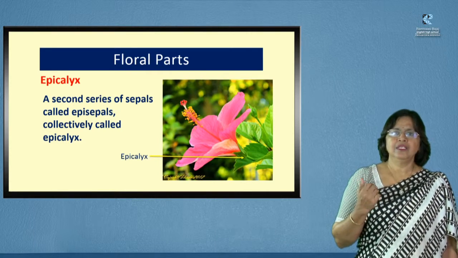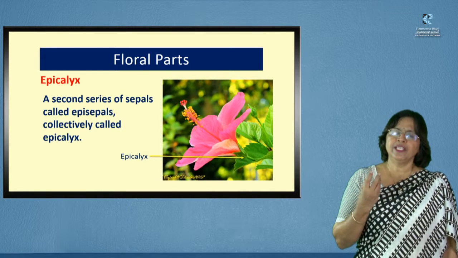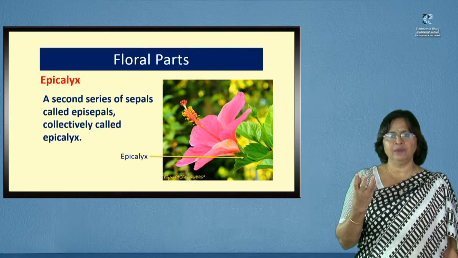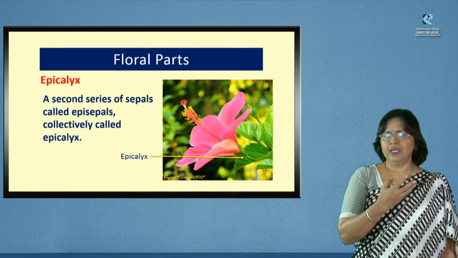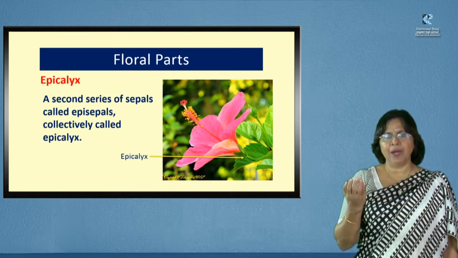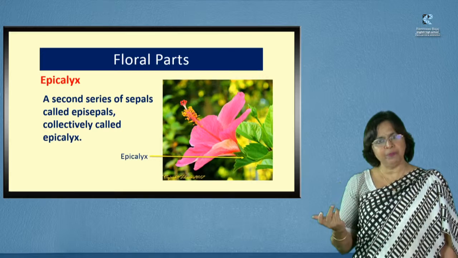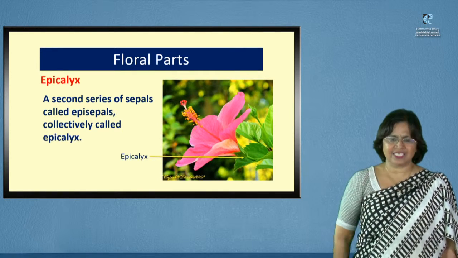Together with the sepals, as in the China rose, they are called the epicalyx. Similarly, as in the calyx the parts are sepals and the whorl is called calyx, in the case of episepals the parts are episepals and the whorl is called the epicalyx.